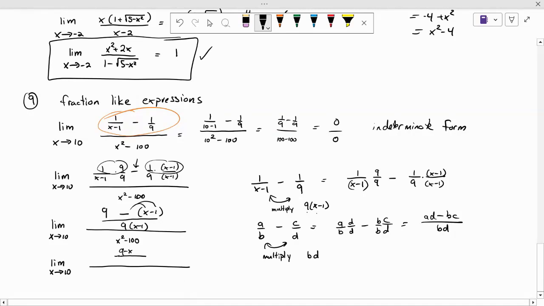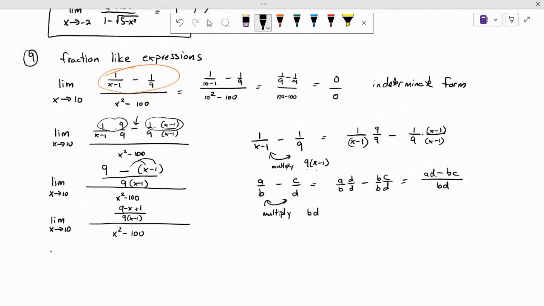So we're going to get 9 minus x minus a negative 1, which is plus 1. We have our common denominator, and that's all still being divided by the denominator. So it looks like we get 10 minus x divided by 9 times x minus 1, all divided by x squared minus 100. Isn't that like x minus 10 times x plus 10? Yeah.